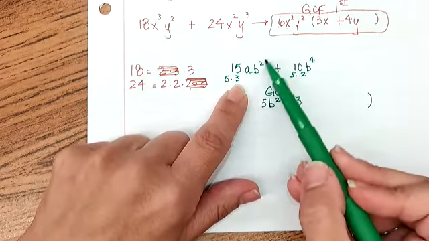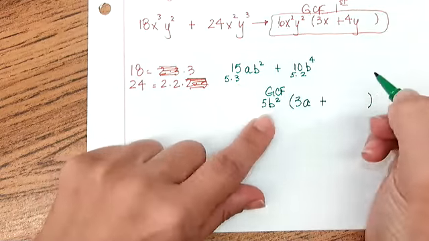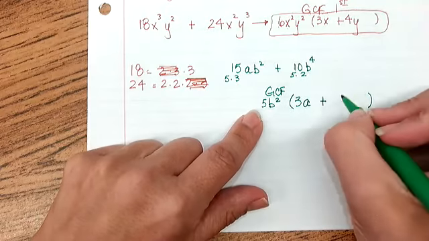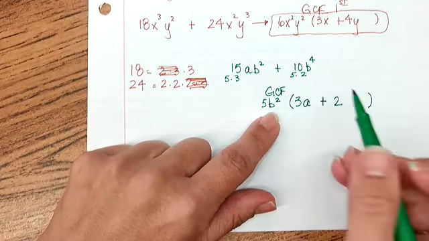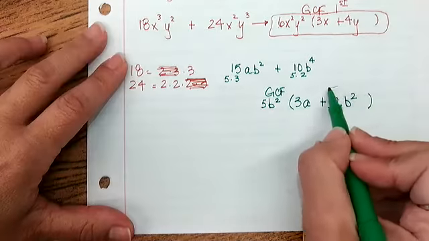If I take b squared out, I'm left with a. If I take 5 out of the 10, I'm left with 2. If I take b squared out of b to the fourth, I'm left with b squared.